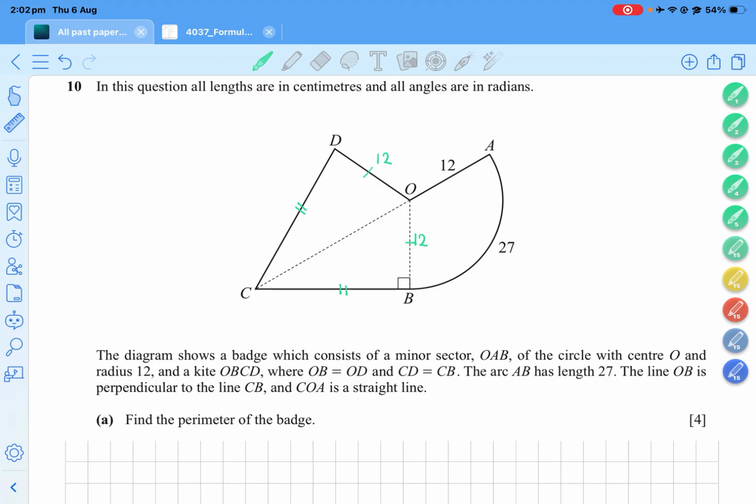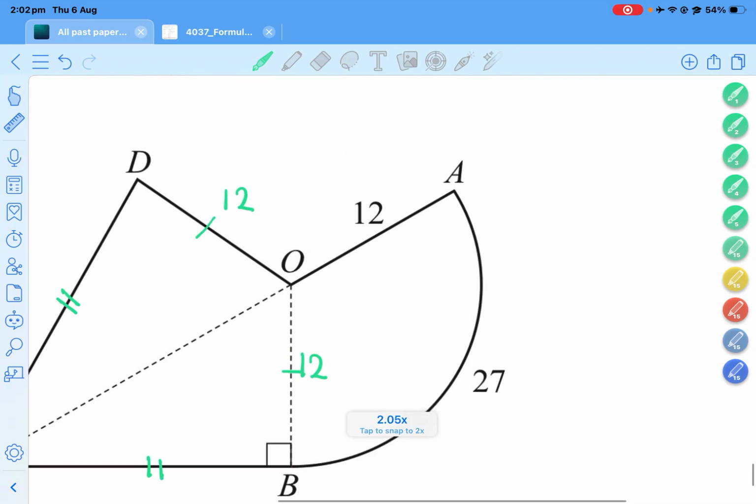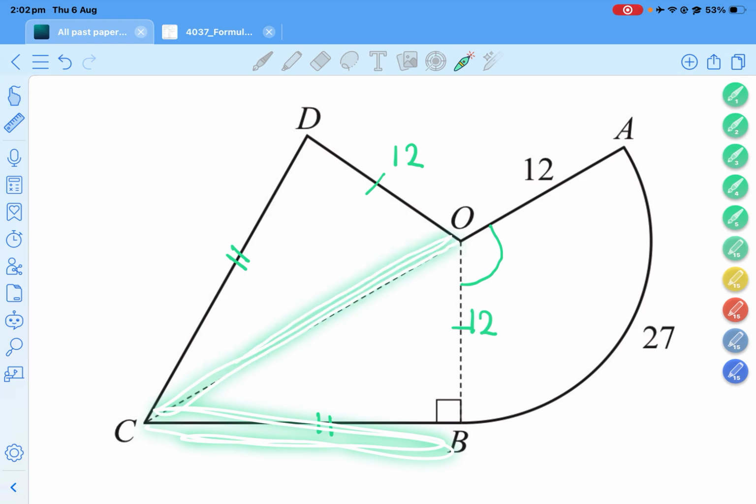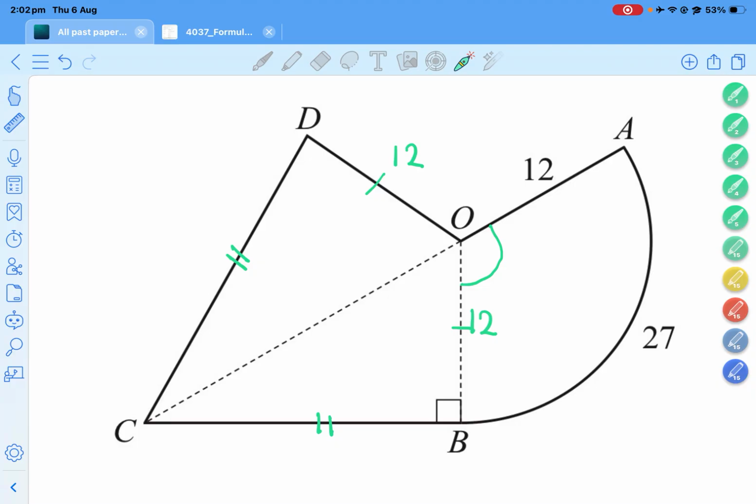Arc AB has length 27, so we could find out what theta in radians is for area calculation later, but we simply need to find this length, and to do that we need to have at least this length so that we can solve the question. But we also might have a trick up our sleeve.